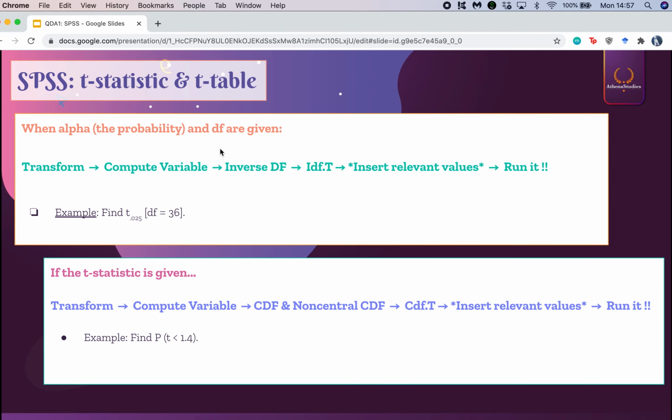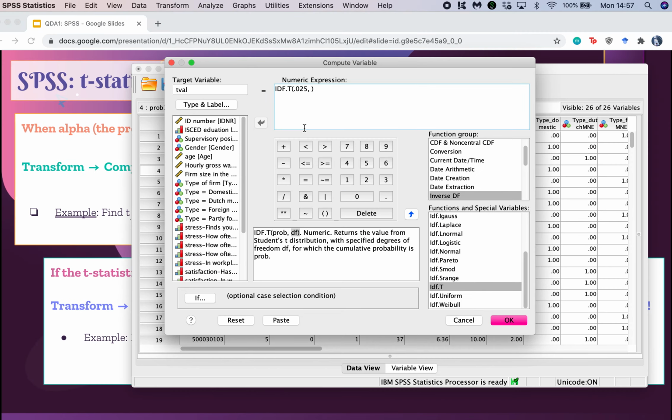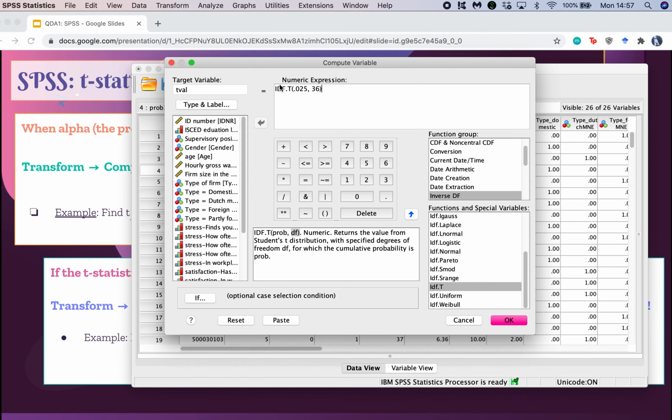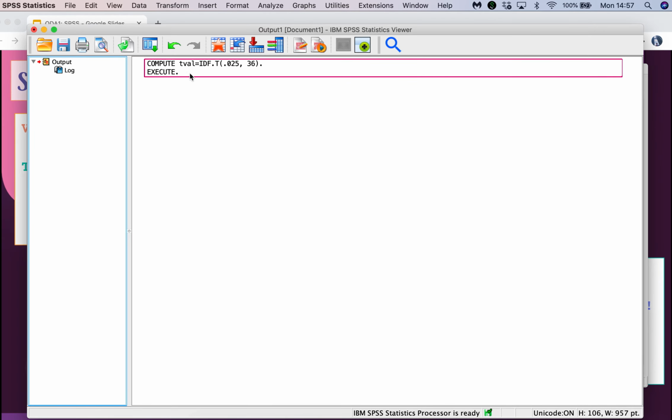For us, the degrees of freedom is equal to 36, so that is what we put in here. This is all you need for this type of numeric expression whenever you're trying to find the t-value that is associated with this probability and these degrees of freedom. When you put this all into SPSS, you click OK, and it will compute the variable for you.